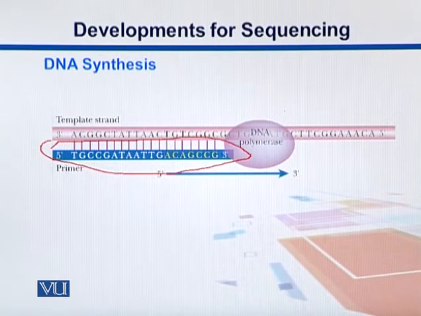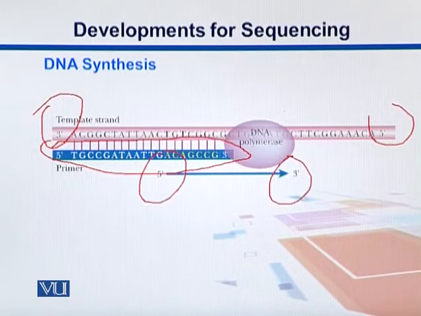If you look at the directionality, the template is arranged in the 3 to 5 prime direction, whereas the new strand is synthesized in the 5 to 3 prime direction. New nucleotides are added on the 3 prime end of this new strand. Polymerase is the enzyme that polymerizes those nucleotides together while getting the order from the template strand.